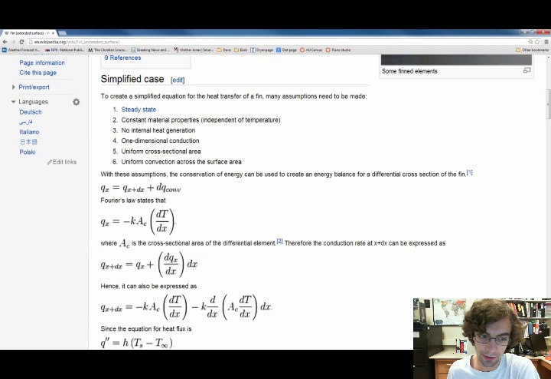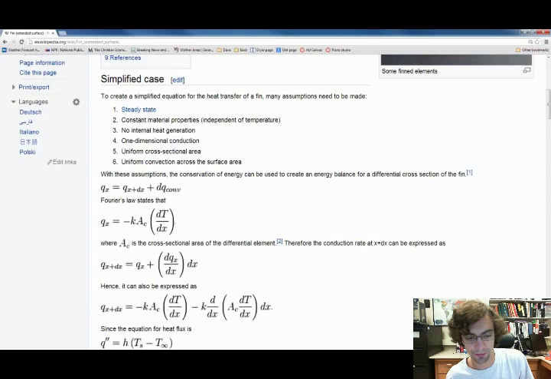However, the assumption usually is that the temperature is not a function of R, that the radius of the fin is small with respect to the length.